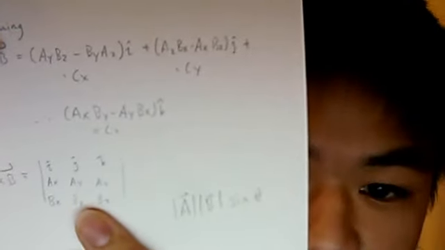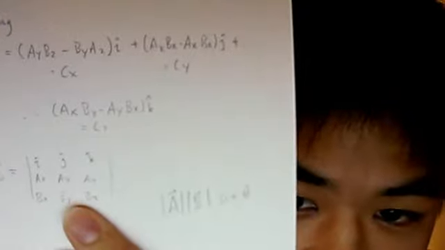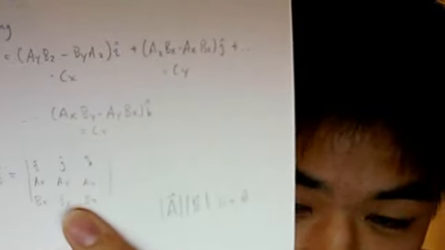A and B, again, can be written as a matrix, which is like this. Again, you see you have I, J, K as your unit vectors, and AX, AY, AZ, BX, BY, BZ, right?